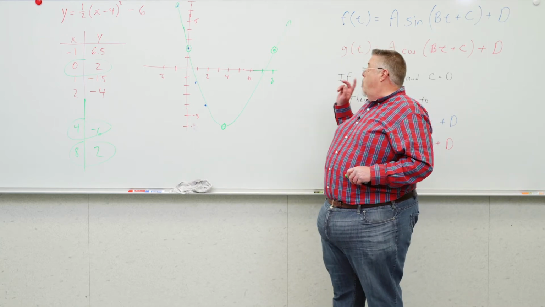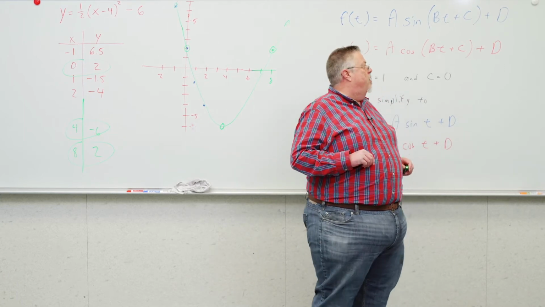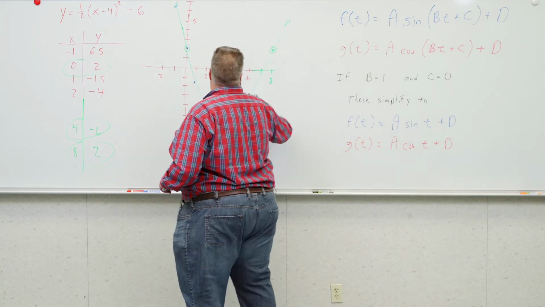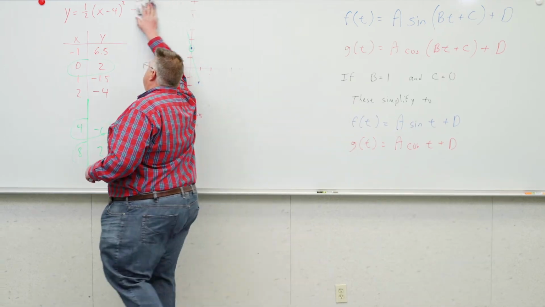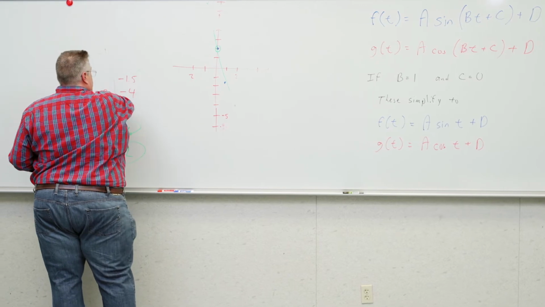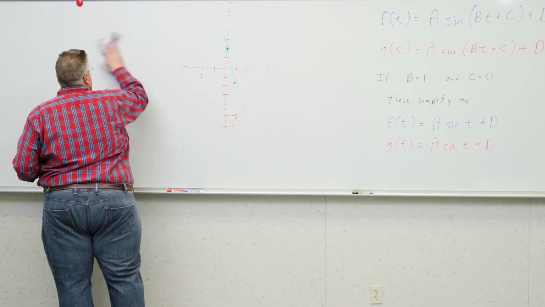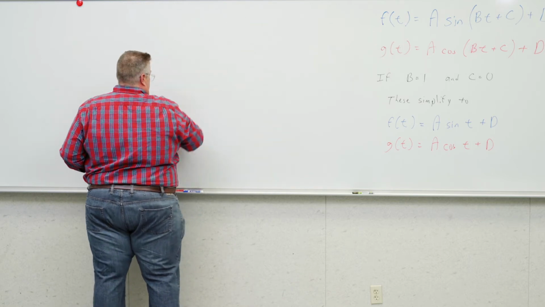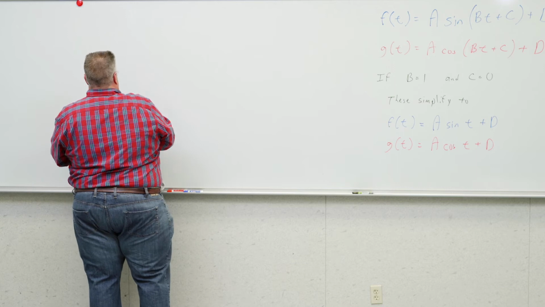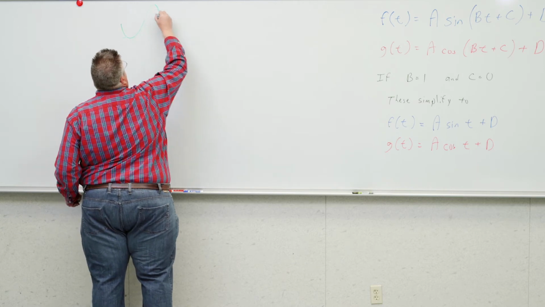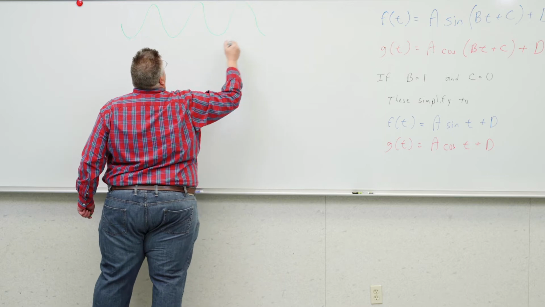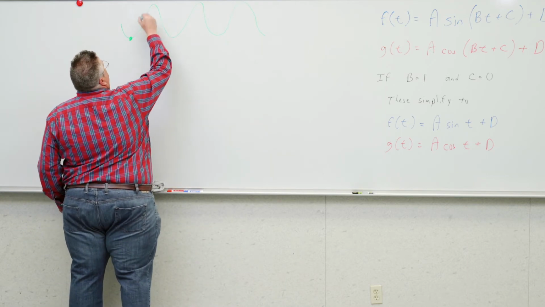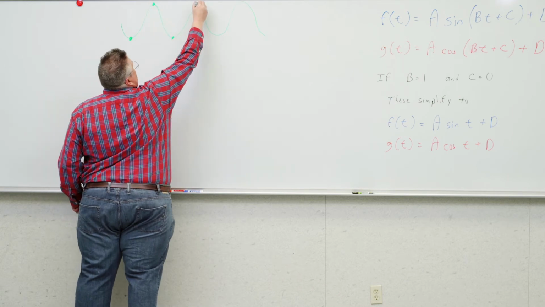Okay, why does that matter with the graphs we're going to be doing? Well, remember that with my sine and cosine graphs, I get these waves. And so what I want to do is strategically plug in values. So I know I'm going to get this kind of wavy pattern. And what I really want to do to help play connect the dots is get the maxes and the minimums.